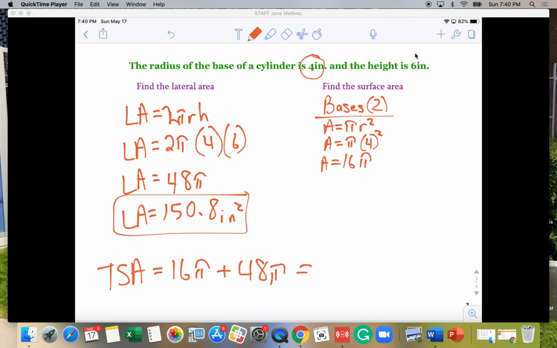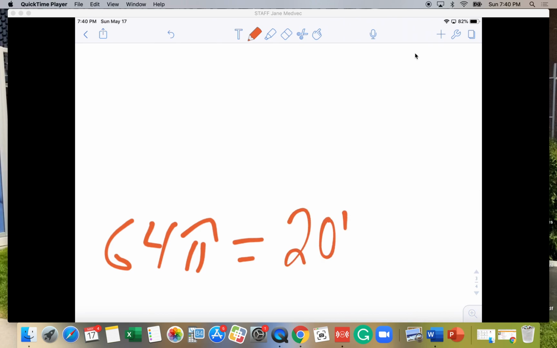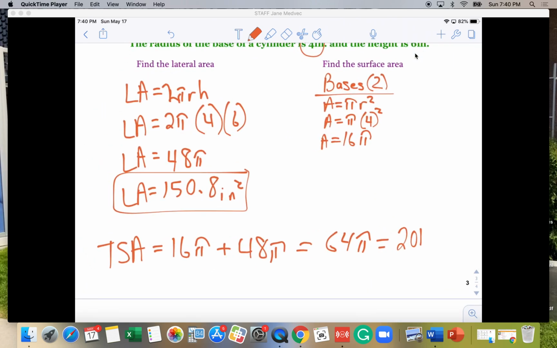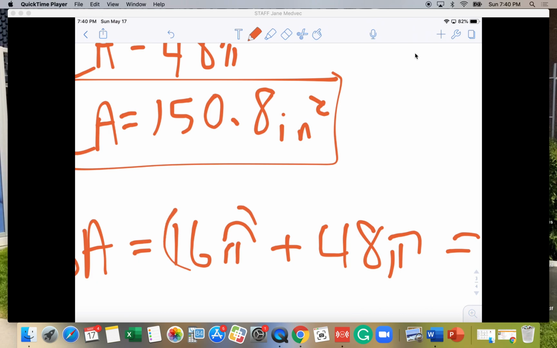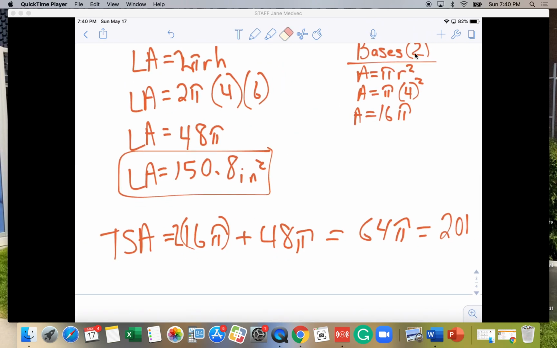So if I take my 16 plus my 48, I get 64 pi. That would be the exact. Or if you took it through the calculator, use your pi key. Oh, sorry, my bases, there's 2 of them. I want to multiply it by 2. I'm sorry I did that. So let's go back. And I've got 16 times 2 plus 48. That gives me 80 pi.